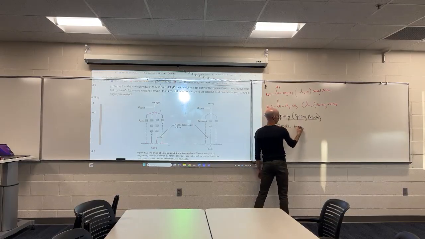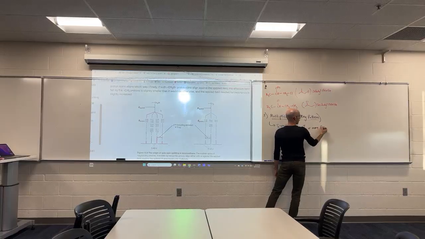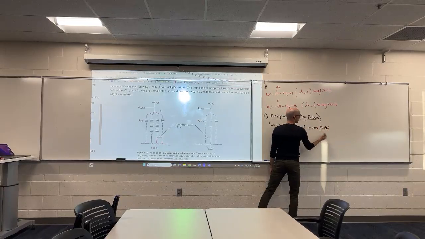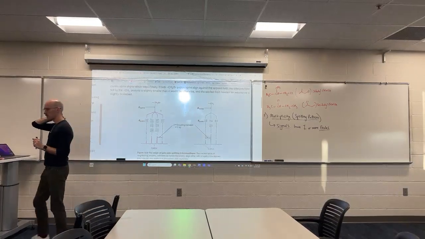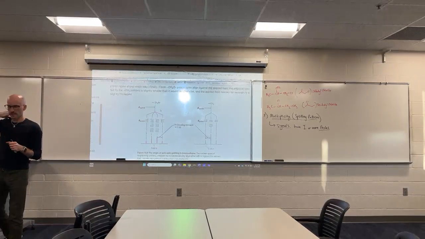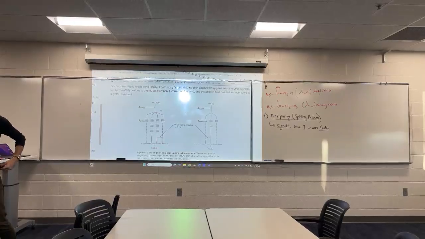Signals have one or more peaks. I'll be honest, when I was learning NMR and even after, just applying it, I kept confusing these terms, signal and peak.